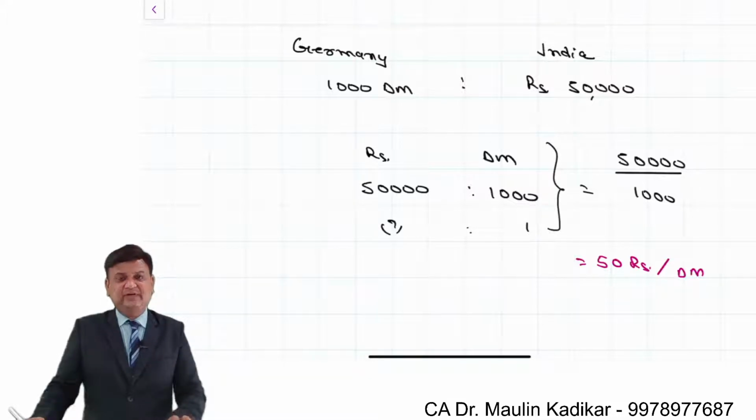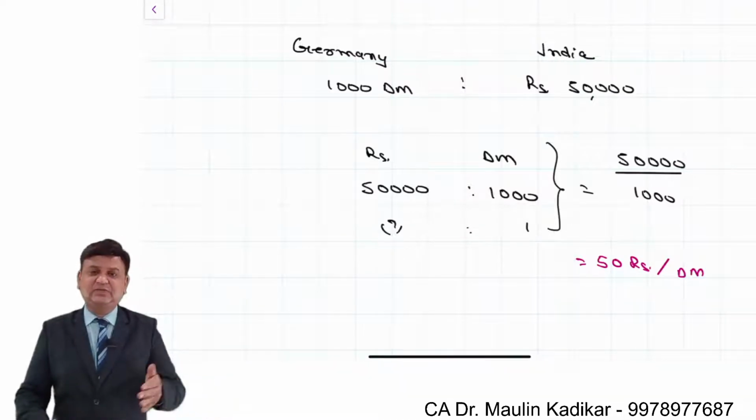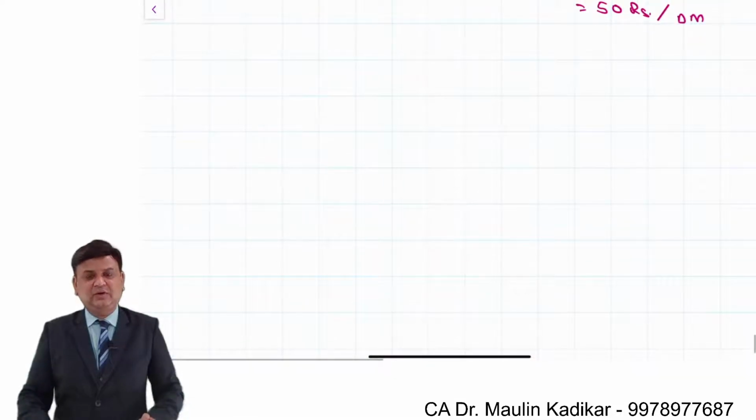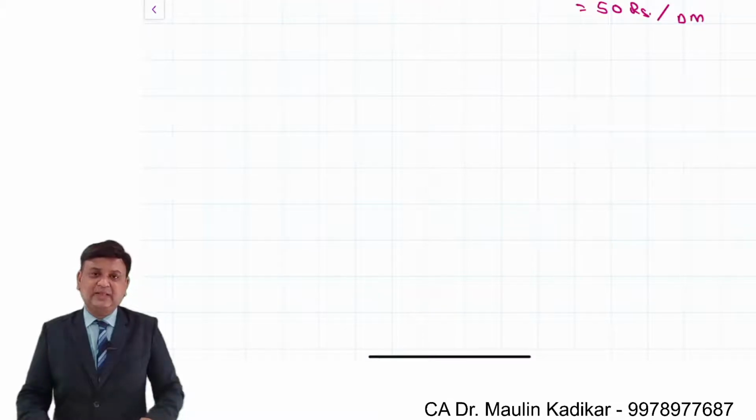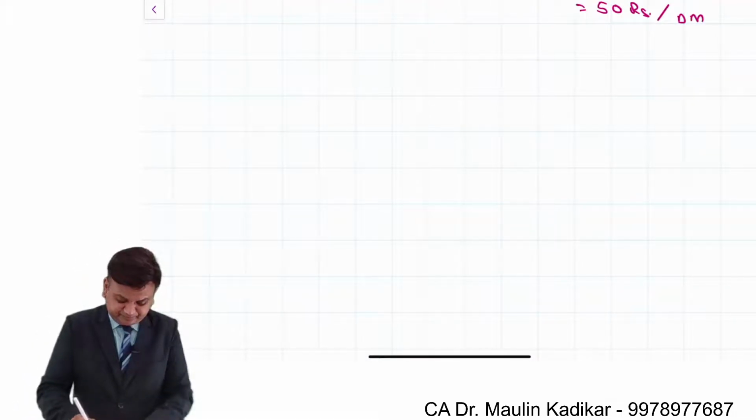Of course friends, when we are having a theoretical discussion, we ignore certain practical aspects such as transaction cost and transportation. With that we understand the theory. Now, if the exchange rate is not 50 rupees per Dutch mark, then three things are possible.